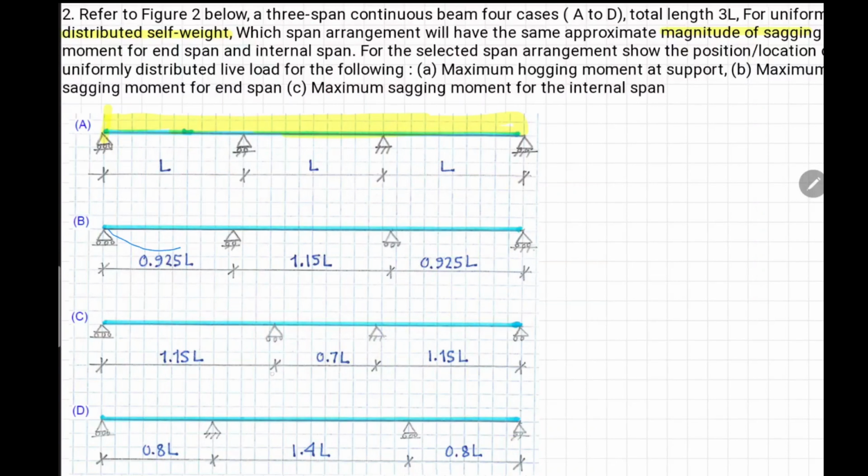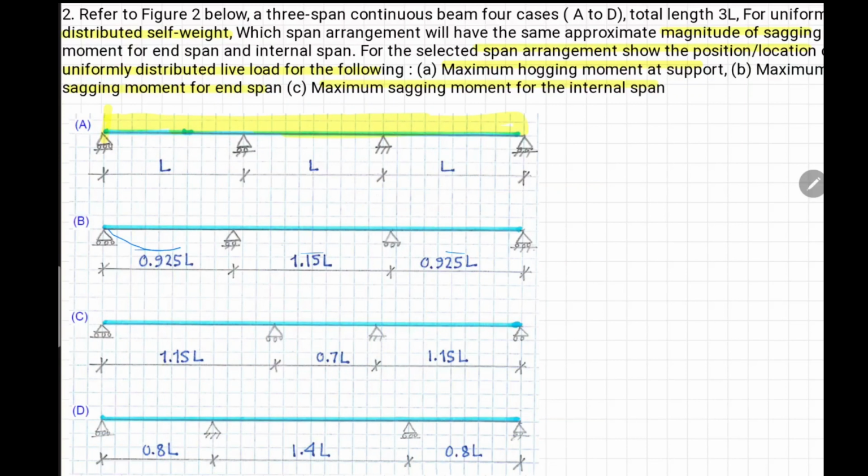So which out of 4 will give the sagging moment magnitude approximately equal for all the 3 spans? For the selected span arrangement, the position and location of uniformly distributed live load for maximum hogging moment at support, maximum sagging moment for end span and maximum sagging moment for internal span. So how the live load should be placed to get a maximum outcome?